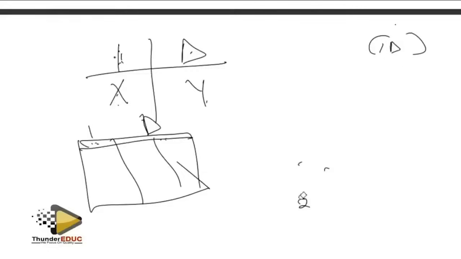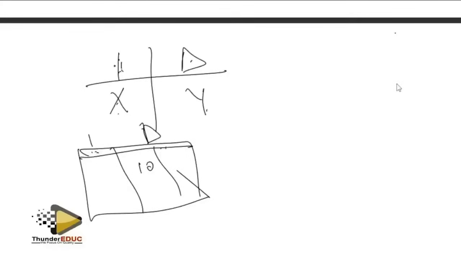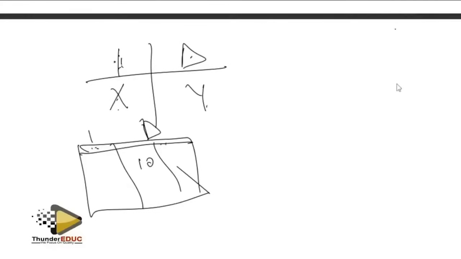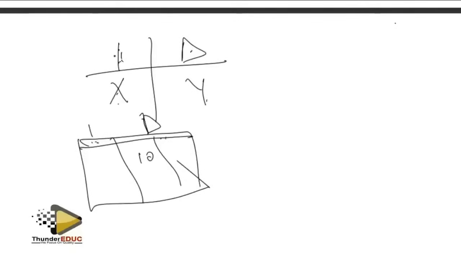a pie chart here? If you are drawing a pie chart, please convert this into degrees. For example, if I have maybe 10, 20, 30, for example this is Africa, Asia, maybe Europe.